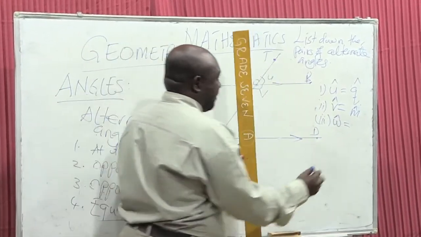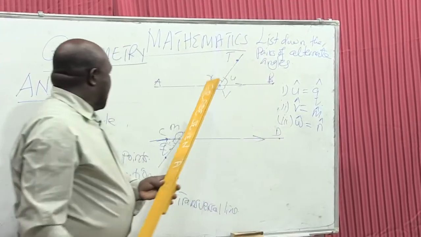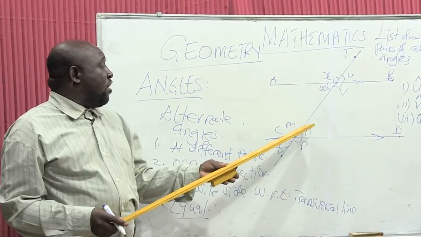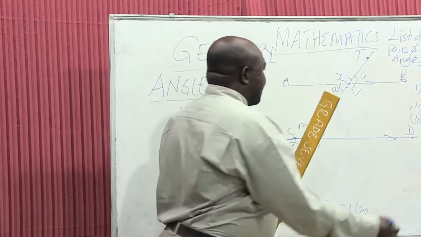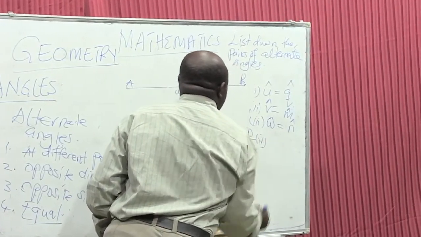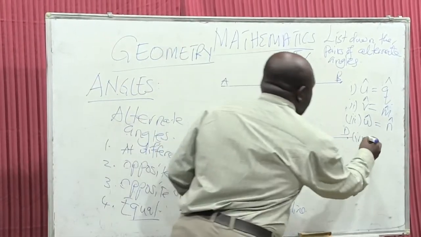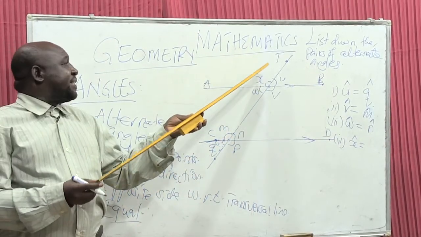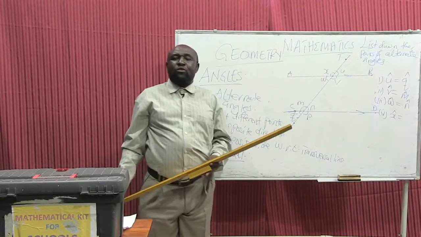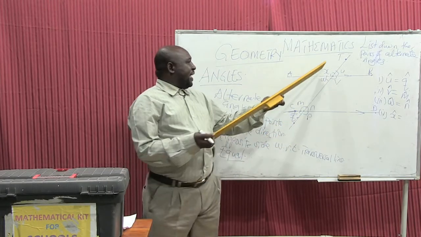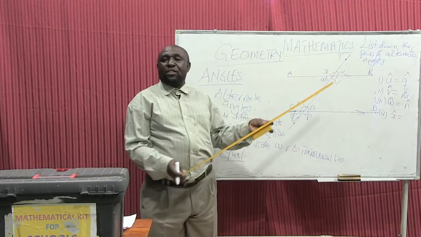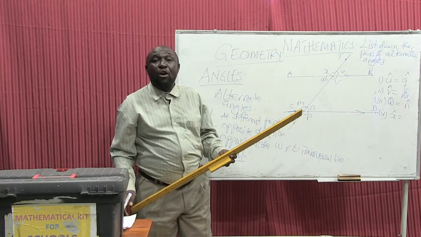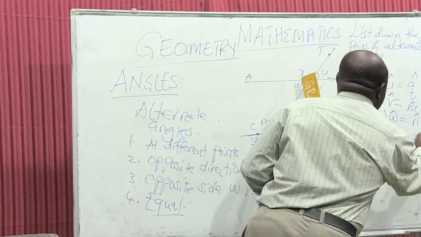It is angle N. Angle W is alternating to angle N. The fourth one, angle X. Angle X alternates to angle X. Try X this way is alternating to angle. Try. Yes, angle P. Angle P.